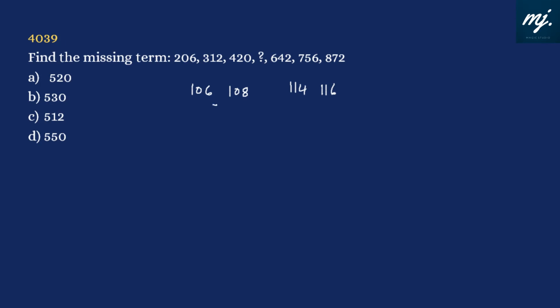You can see that here is plus 2, here is plus 2. That means from 420 to 642, this should be 110, and plus 2, this should be 112. 420 plus 110 is 530 and plus 112 is 642, bingo. So the missing number is 530. Yes, that we have in option B.